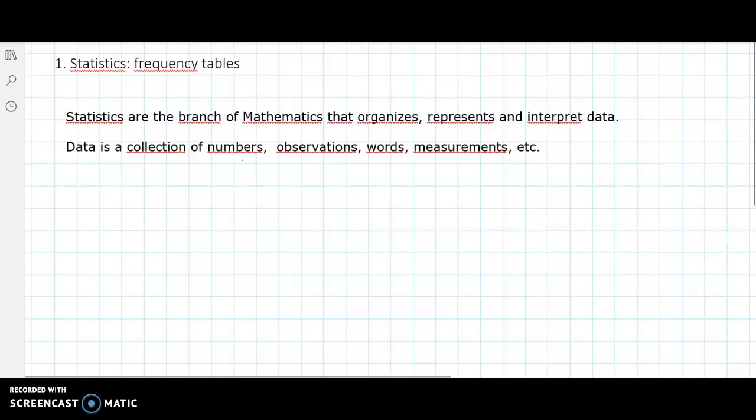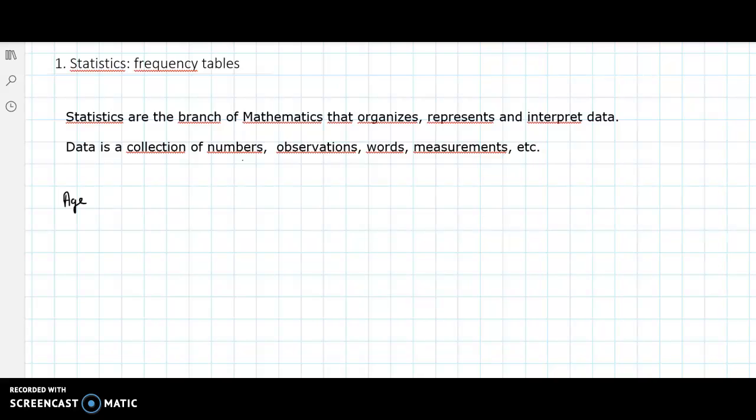Examples: the age is a number. So if I ask you your age, I get data. I get a collection of data. If I ask you the color of your eyes, that's a word.